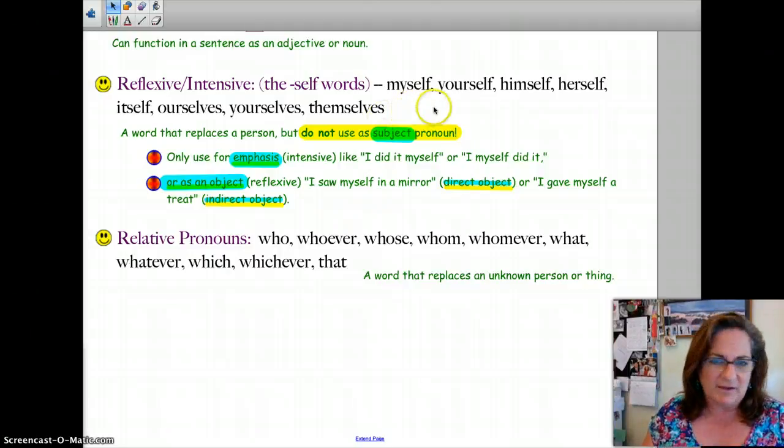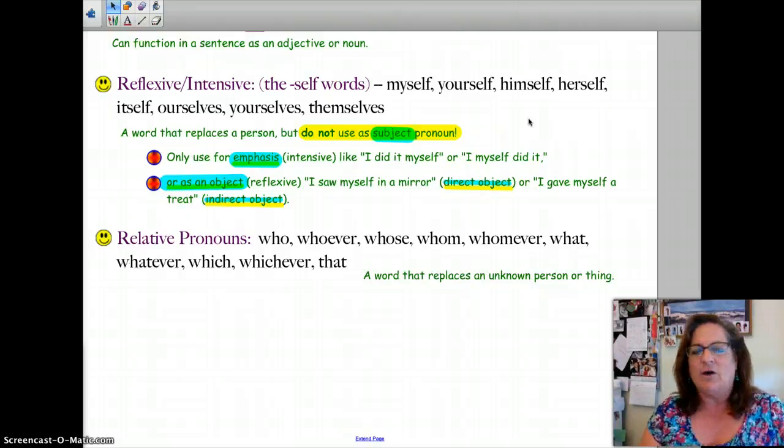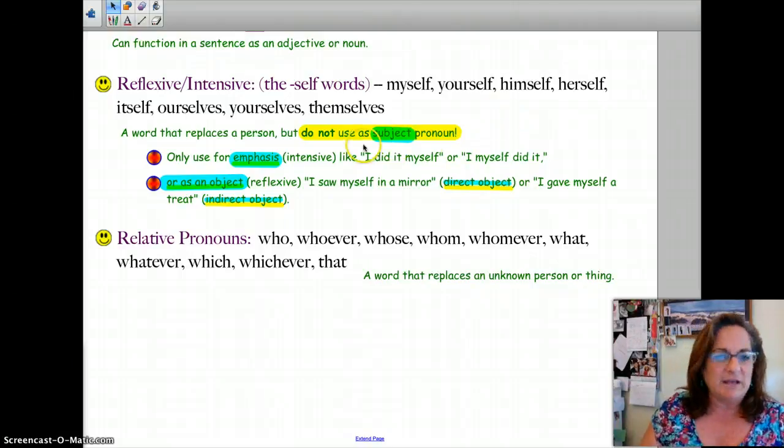And the trick with these is don't use that as a subject pronoun. You cannot say Susie and myself are the leaders, because you cannot say myself is a leader. You say I am the leader, not myself. It sounds like you're disjointed from your body. Oh my gosh, weird.